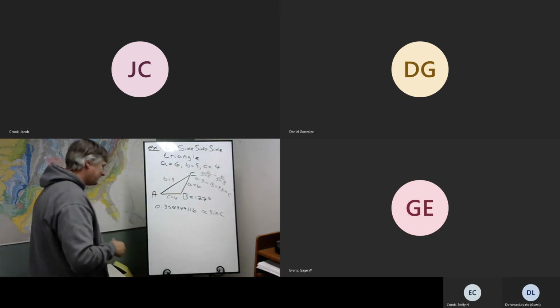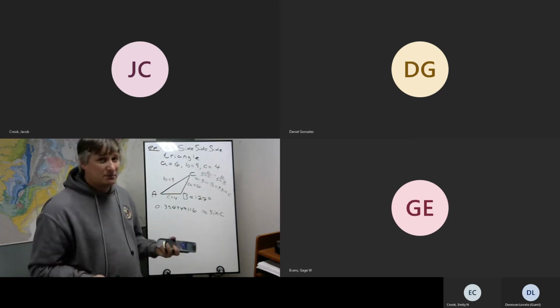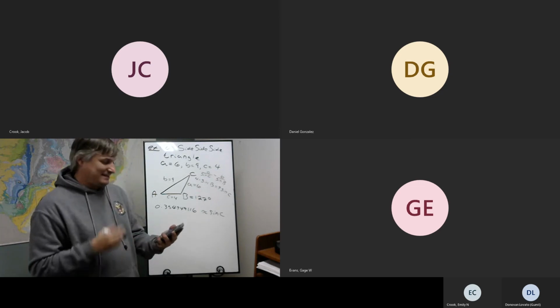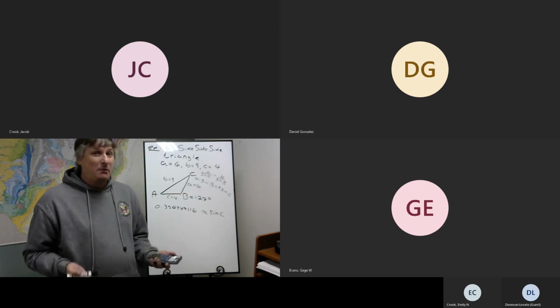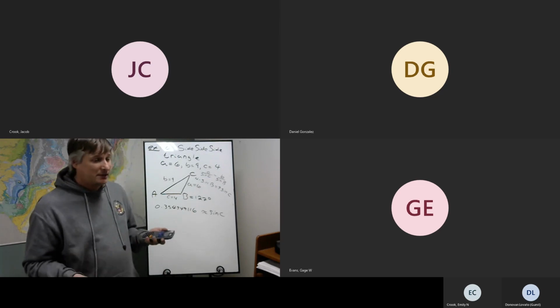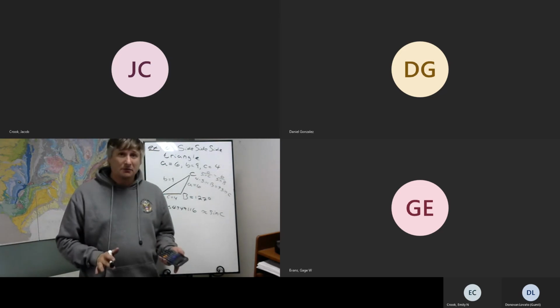So I have to make a confession. My calculator is in radians mode. Make sure yours is in degree mode. But at the time, since I've used this calculator, I can't get it going to degree mode. So I'm stuck in radians. So I've got to multiply my degrees by pi over 180. If I forget to do it, I get the wrong answer.